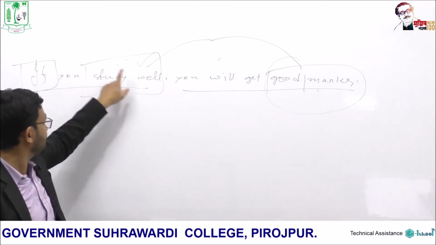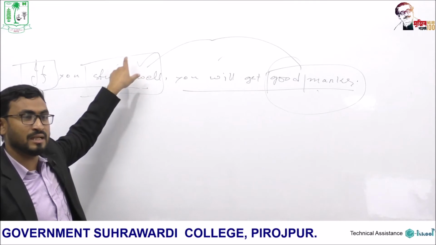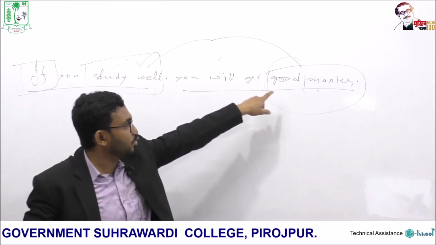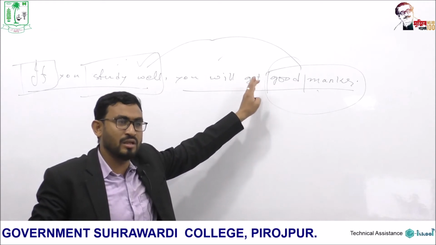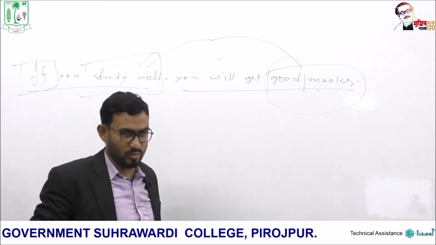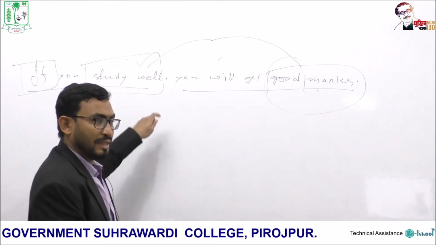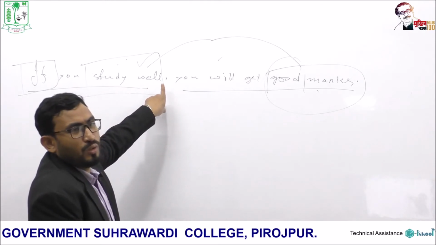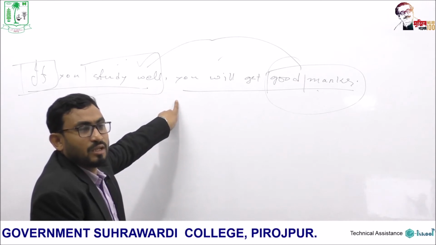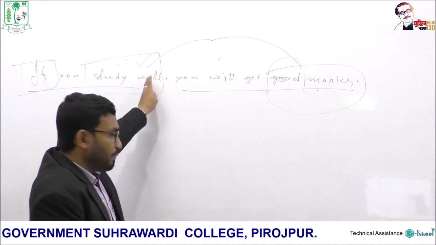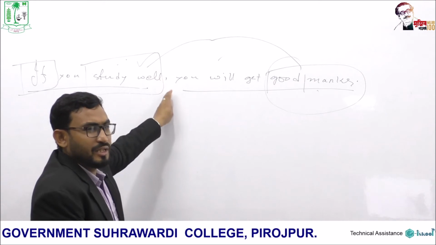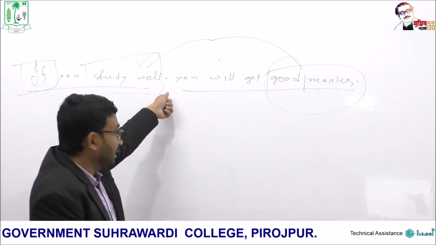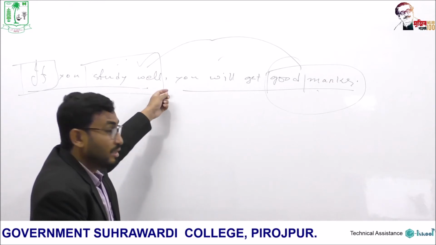If you study well, this is a dependent clause, that is, a subordinate clause. You will get good marks is the principal clause, or the main clause, an independent clause. As a conditional sentence, it has at least two clauses, and in fact we find two clauses here.